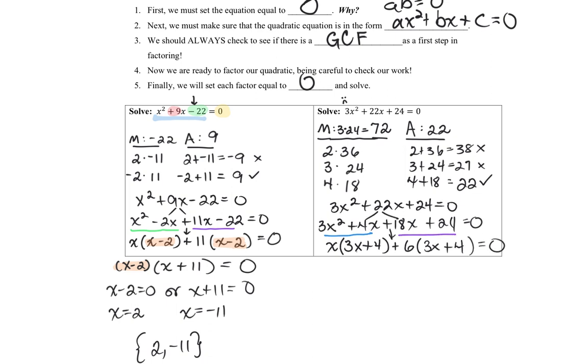Okay, so now this is beautiful once again because I have that common 3x plus 4. If you don't have that common 3x plus 4, then you know you've done something wrong. So I'm going to go ahead and take out that common 3x plus 4.